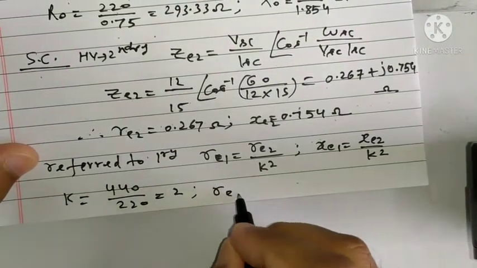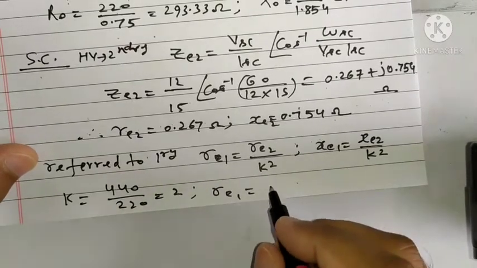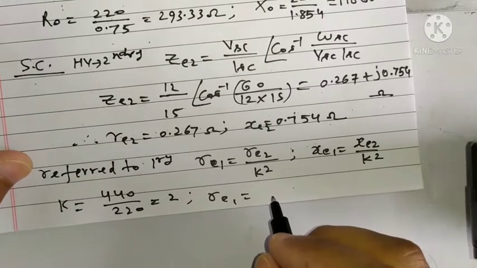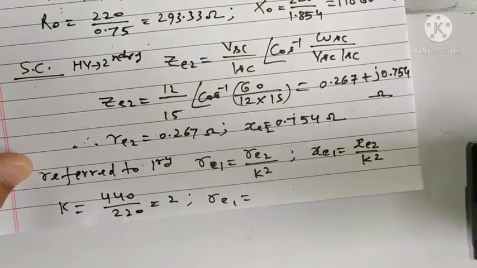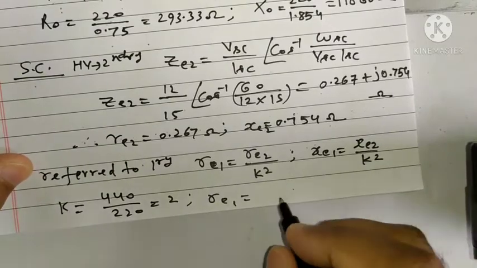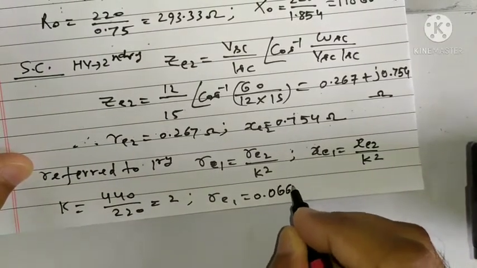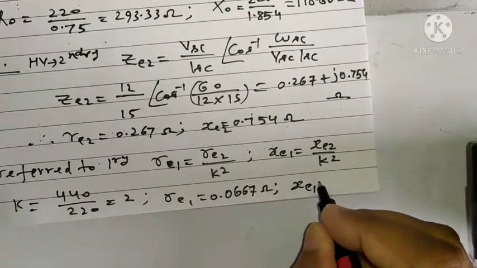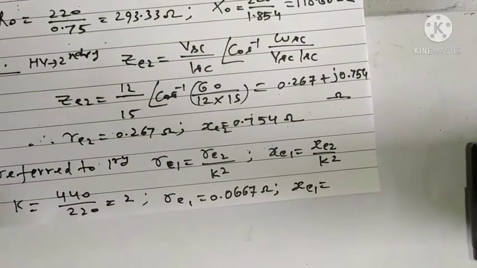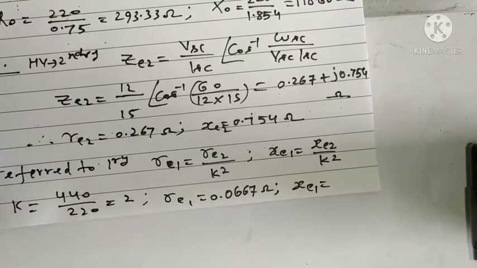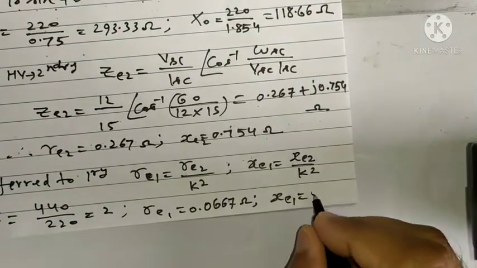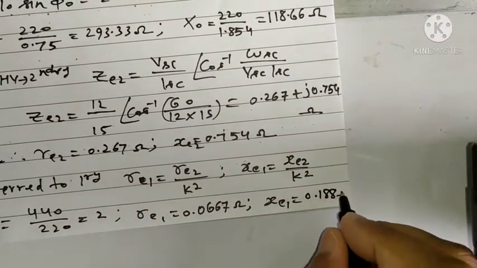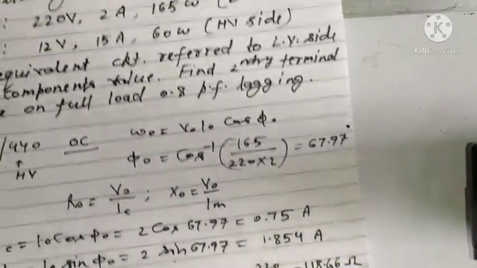Therefore Re1 is 0.267 divided by 4, so it comes as 0.0667 ohm, and Xe1 is 0.754 divided by 4, which comes as 0.188 ohm.